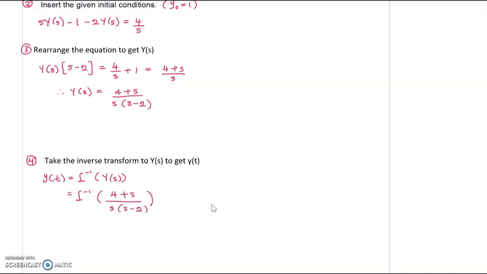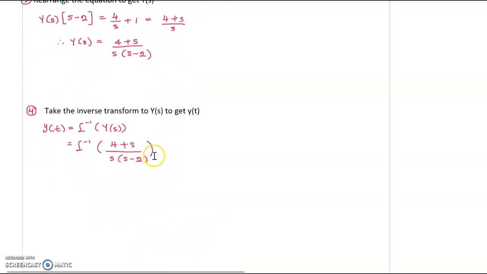Normally students lose marks at this part, because in this process you need to go back to the previous sections and think what is the technique that is applicable to this one.